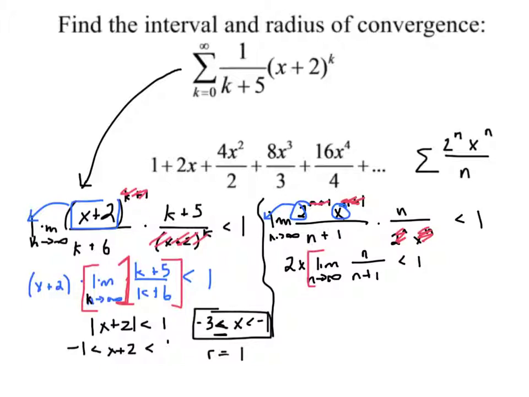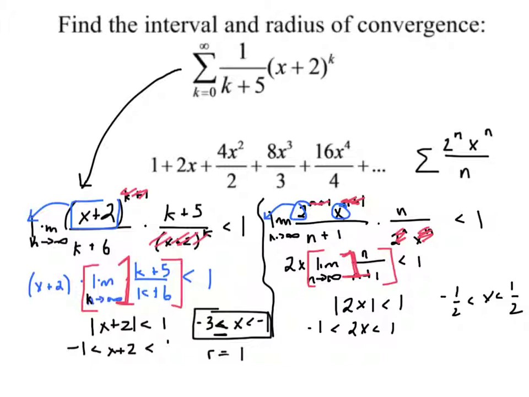Again, focus on the limit statement. This is 1. Okay. So I end up with 2x must be less than 1. So I've got negative 1/2 and positive 1/2.